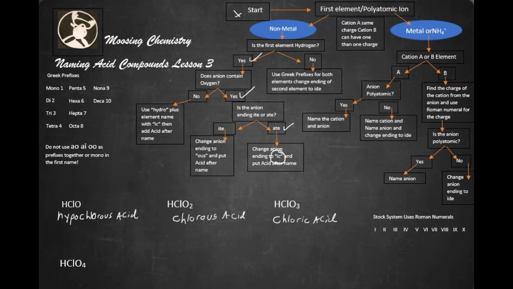So this is going to be called perchloric acid. So when you have hypo, that's when you have 1 oxygen. Then when you have 4, you use perchloric, right? And the other ones are pretty easy, like chlorous and chloric. They make sense.